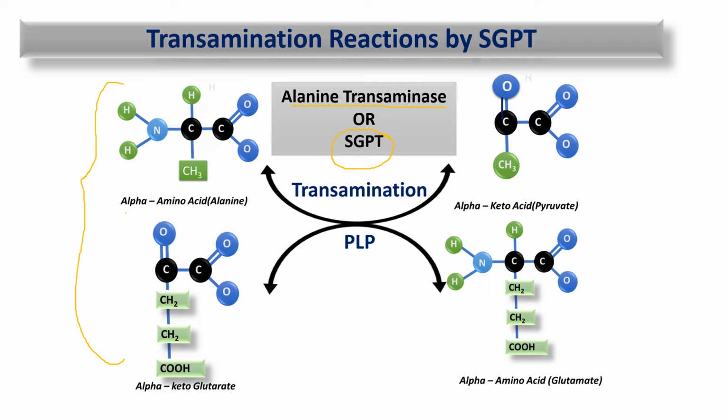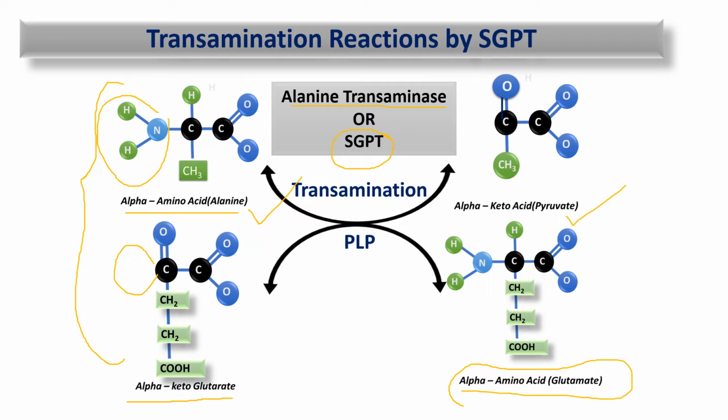So here this is your alpha amino acid, alanine, and this is the alpha ketoglutarate, the alpha keto acid, and there is a transfer of the amino group from the alpha amino acid to the keto acid, and the conversion of alpha ketoglutarate to glutamate, and the conversion of alanine to pyruvate.